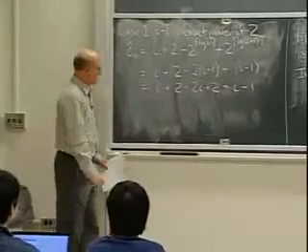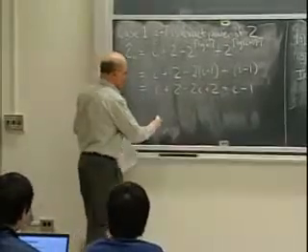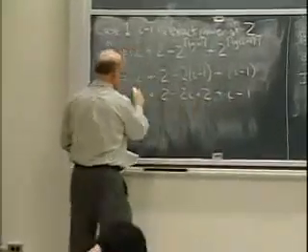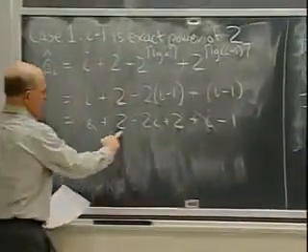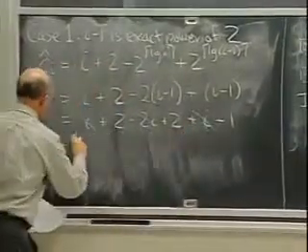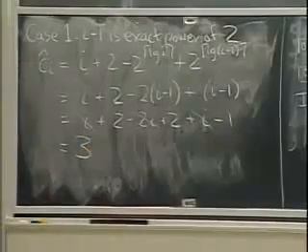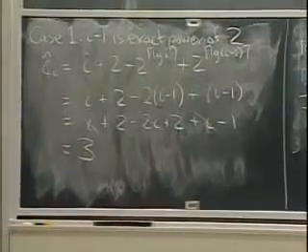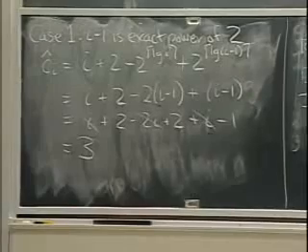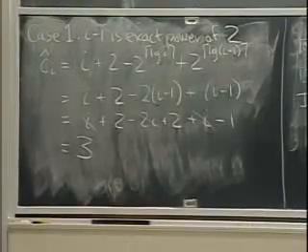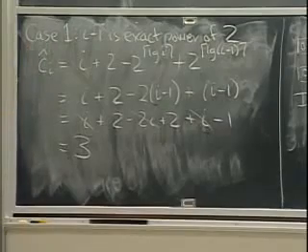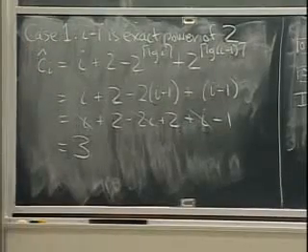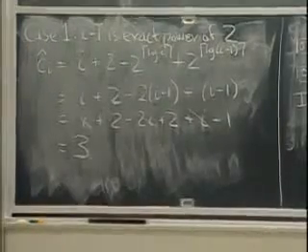Okay, so now here we have 2I here, an I here, and an I here. And then that leaves us with 2 plus 2 minus 1 equals 3. Awesome. Okay, amortized cost is 3 when I minus 1 is an exact power of 2.